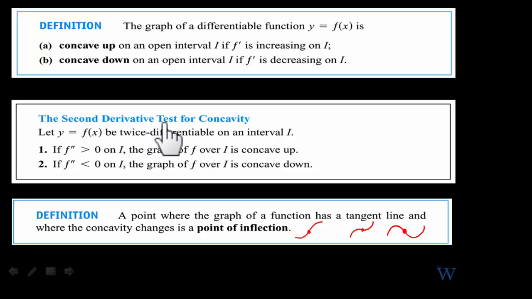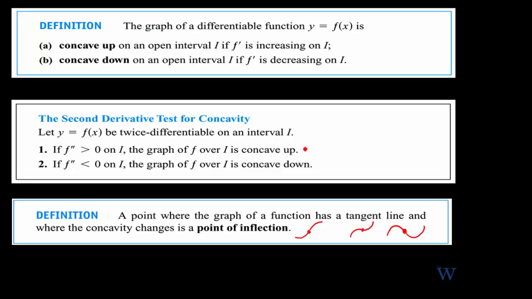The second derivative test for concavity. Let y equals f of x be twice differentiable. It has to be twice differentiable. We have to take the second derivative of the function. If f double prime is positive on that interval, the curve of that function over that interval is concave up, meaning it holds water.